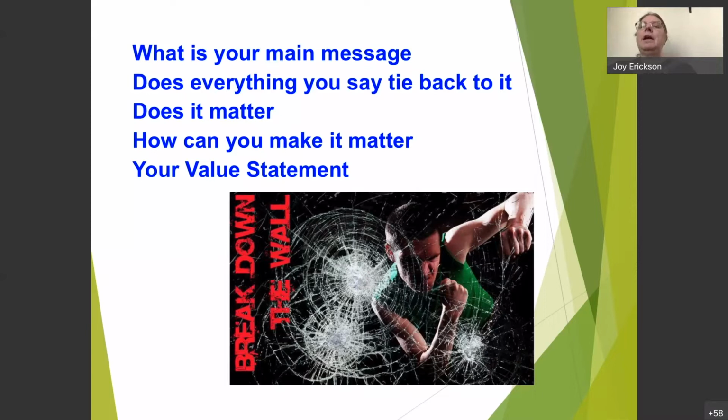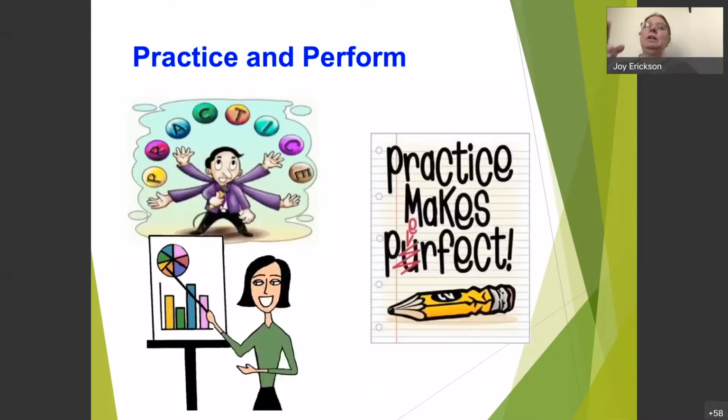Okay. Also, this is really, really important. And that's why we wanted everybody here to say practice and perform. You need to practice what you're going to say and you need to perform it in front of an audience. I don't care if it's your stuffed animals, or your family first to start out with, then a bigger group.